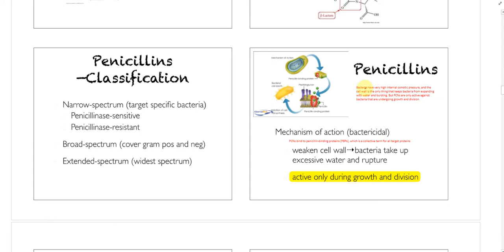Like I said earlier, bacteria have a very high internal osmotic pressure. So if we start poking holes in that cell wall, water is going to rush in, fill up, and equalize that osmotic force that differentiates the inside of the bacteria from the interstitial space. Then suddenly they rupture because they can't handle all of that extra fluid.